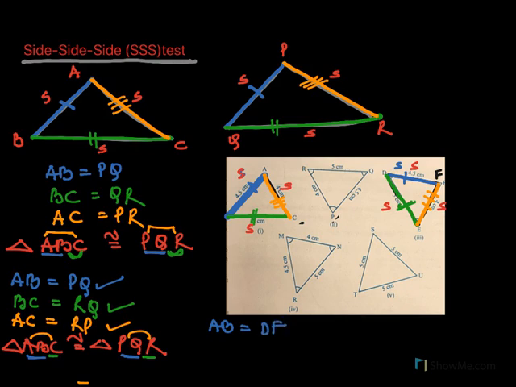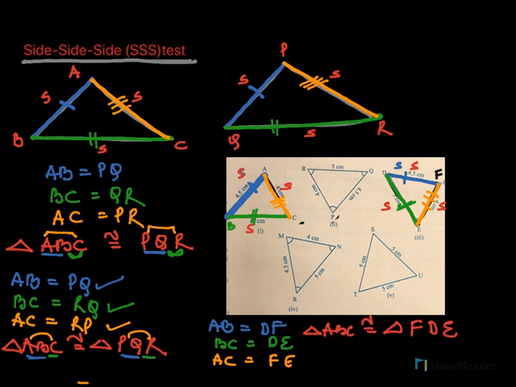Then for the green, BC equals DE, both were 5, 5. And then we had AC equal to FE. So by SSS test, side, side, side, triangle ABC will be congruent to triangle FDE.